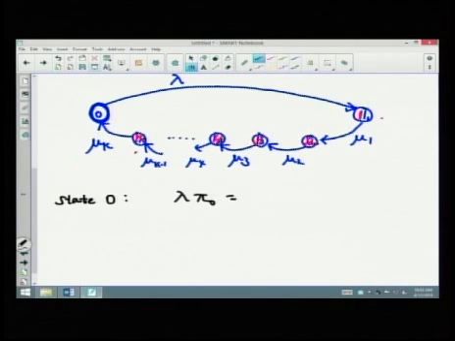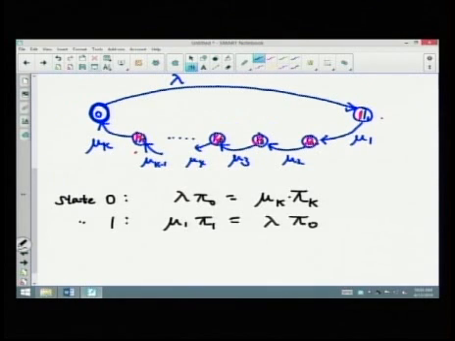Which is mu k. So it's going to be the same as mu k times pi k. Is that right? How about state 1? That's going to be mu1 pi 1 equals lambda pi 0.